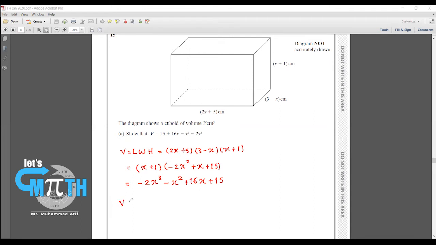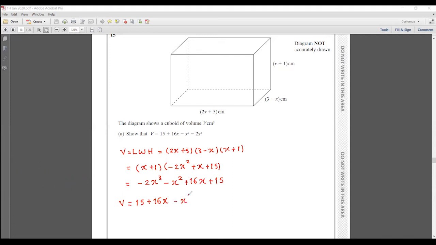So we can finally write it in this required form as 15 plus 16x minus x to the power of 2 minus 2x to the power of 3. Here is the first part.